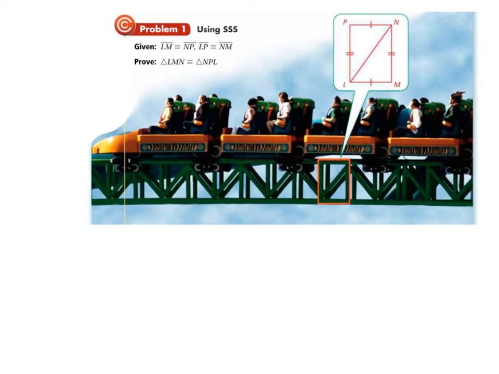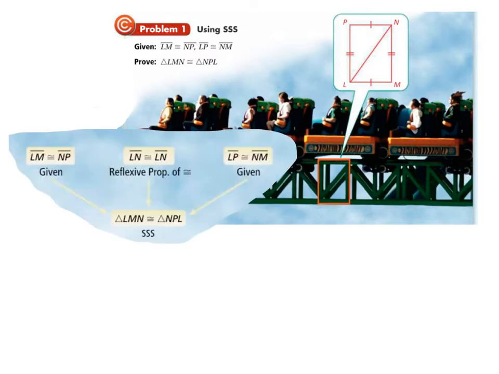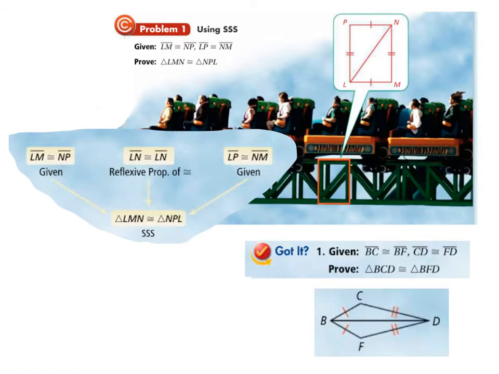And essentially, what we've got here is two pairs of sides congruent, and because we are sharing this side between the triangles, we know that that side is congruent too. So this information is given and this information is given. This part, LN, is congruent to itself through the reflexive property, and by side, side, side, you know that the triangles are congruent, okay? So give it a shot with this Got It problem now.